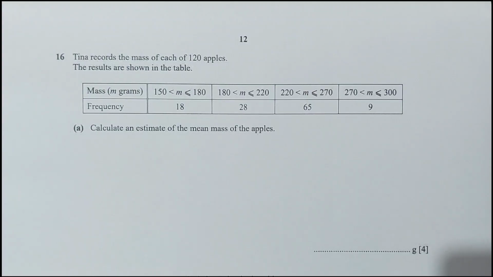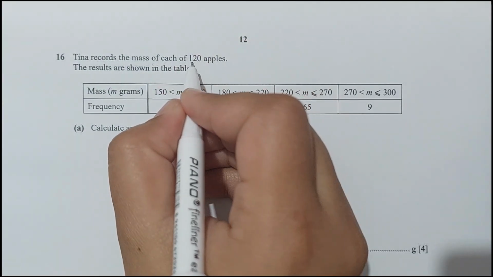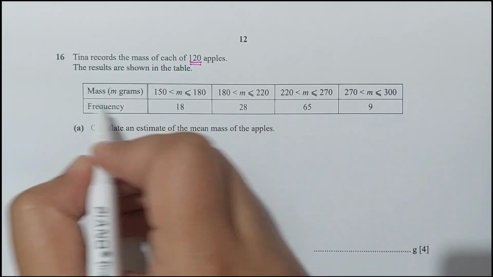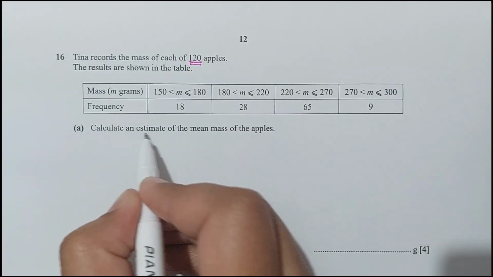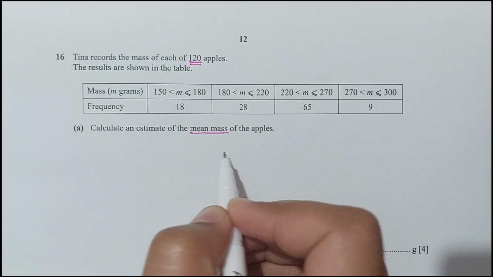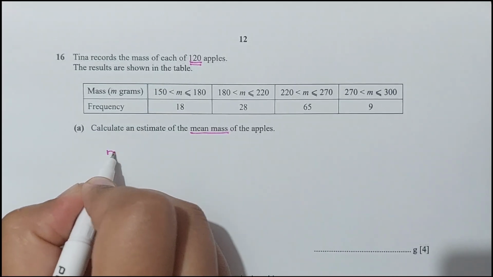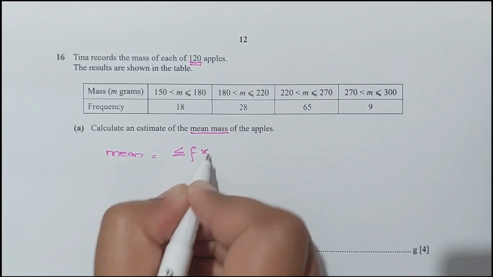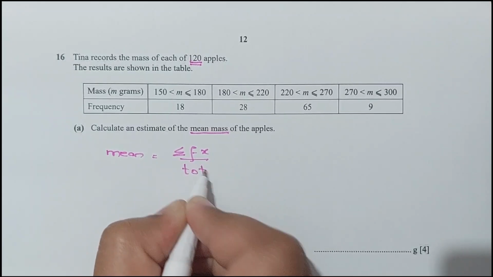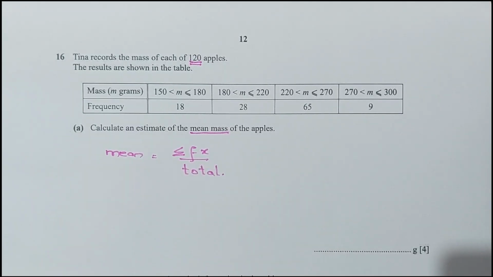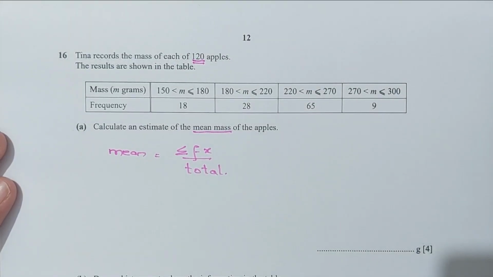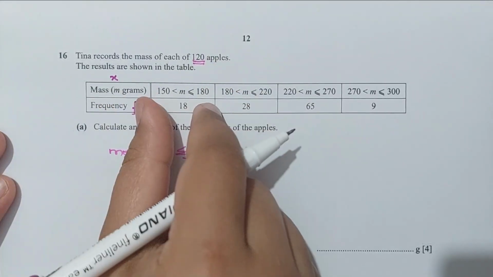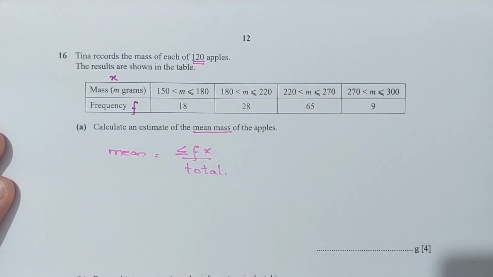Question number 16. Tina records the mass of each of 120 apples. The results are shown in the table, the mass and the frequency. Part A, calculate an estimate of the mean mass of an apple. For the mean, we have the formula sum of fx divided by the total. f is the frequency, x is the midpoint of these intervals, right?